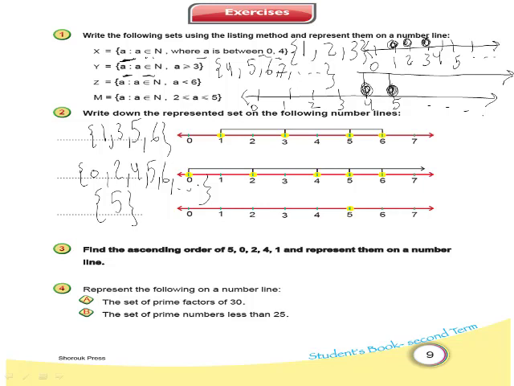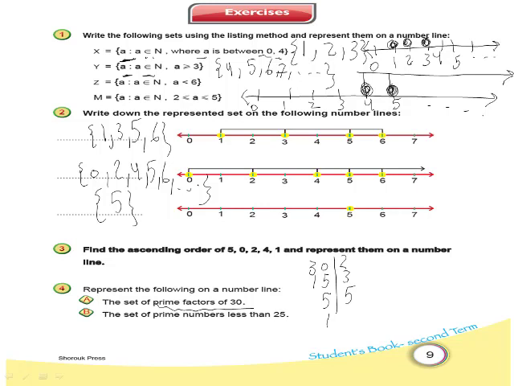I will remind you with this one, the set of prime factors of 30. How do we write the set of factors of 30? We have two ways. The first way, we factorize 30 by the way of the stick. We divide it by 2 equals 15, by 3 equals 5, 5 divided by 5 equals 1. We take all the numbers on the left and the right.